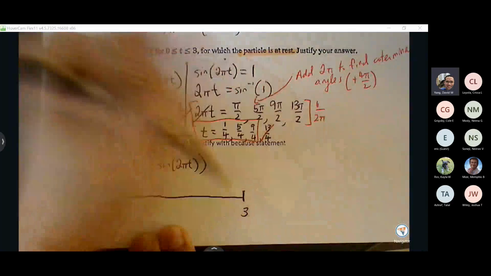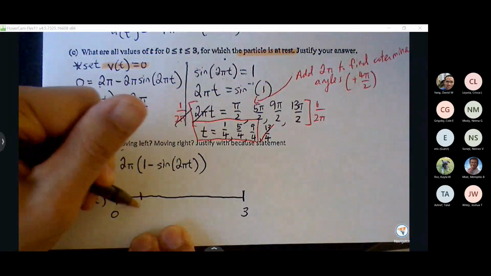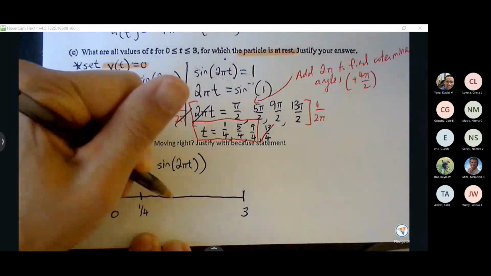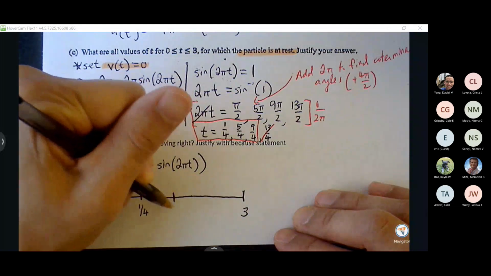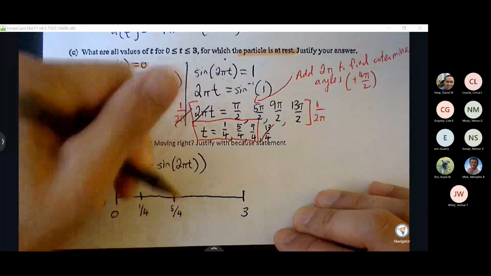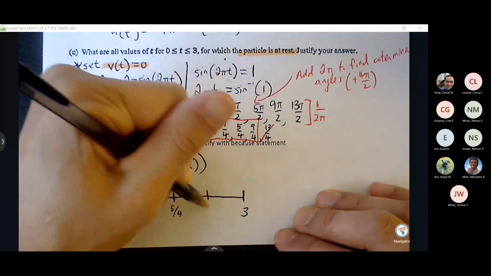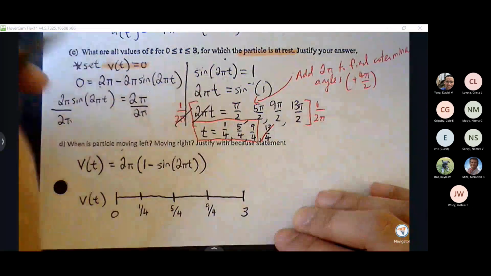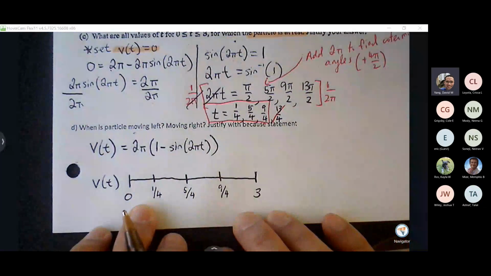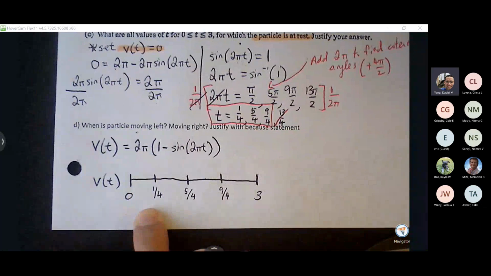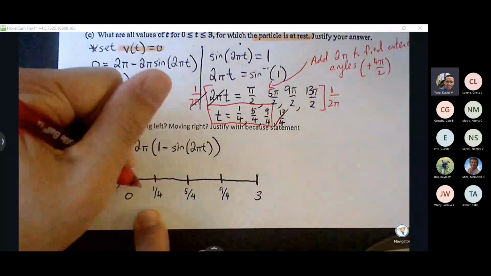Those are my endpoints. Okay, so I'm going to find some fractions here that can fit inside these intervals.